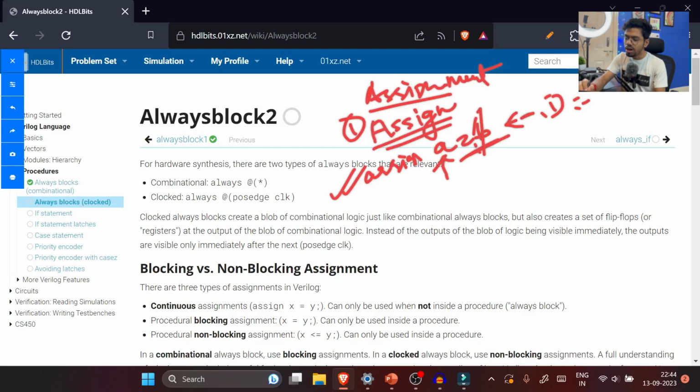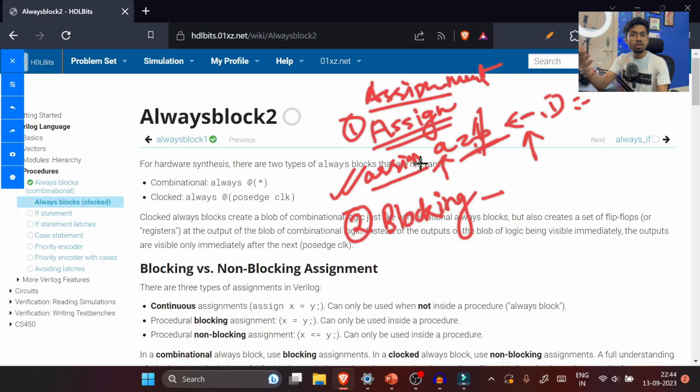This is type number 1. The second type we have is a blocking assignment. As the name suggests, blocking means it is blocking something. So the question is, what is it blocking? But before I go deeper, one thing I need to add: this assign statement can only be used outside a procedure block.